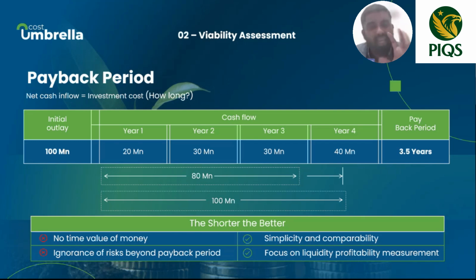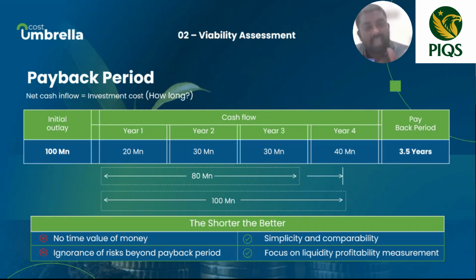This is payback period. This is a very straightforward topic, right? You are making a decision with a time frame. Let's say in this example the initial investment is 100 million, and year 1, 20 million is coming, year 2, 30 million, year 3, again 30, year 4, 40 coming. How many years will it take to cover this amount?